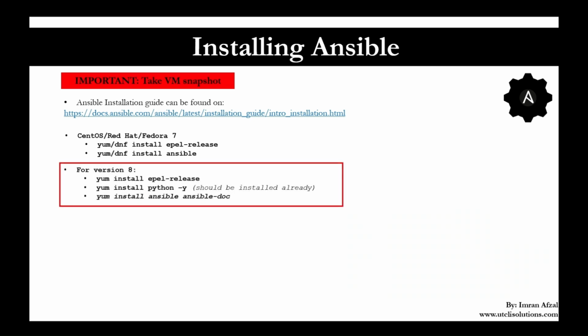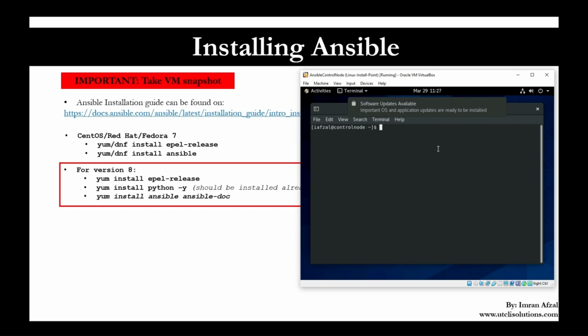Now for CentOS 8 or any of the version 8, these are the instructions that we will follow. Go back to our Linux machine. To follow these instructions and install any package, we have to run the command as root. So become root. All right. Now go ahead and run the command yum install epel-release.